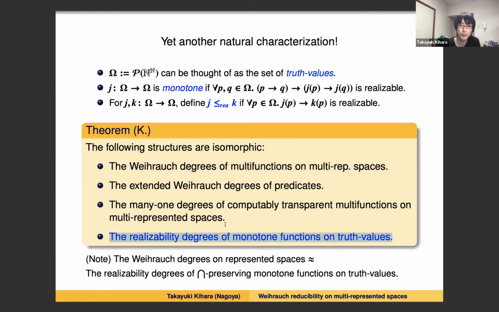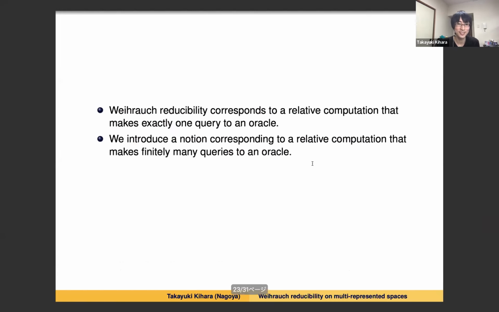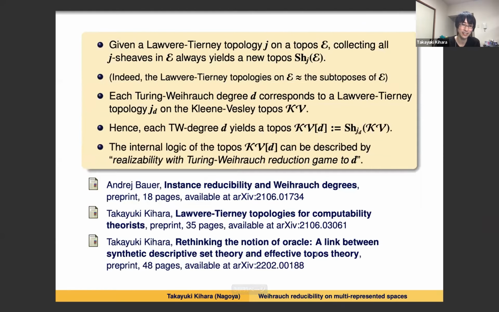But this is only when we consider multi-represented spaces. If we just consider represented spaces, the Weihrauch degrees on represented spaces are just the realizability degrees of intersection-preserving monotone functions on truth values. So if we want to consider all monotone functions, we need Weihrauch reducibility on multi-represented spaces. Okay, so that's all. These are the references. Thank you very much for your kind attention.